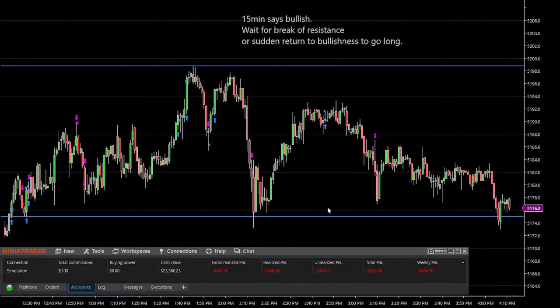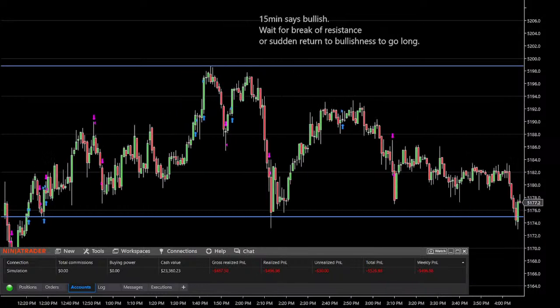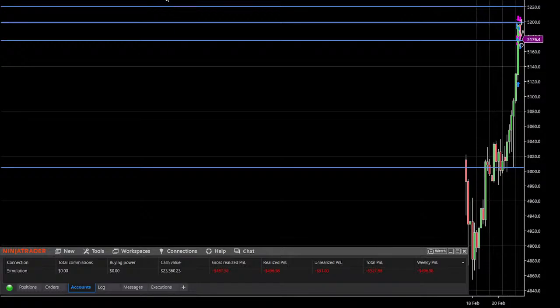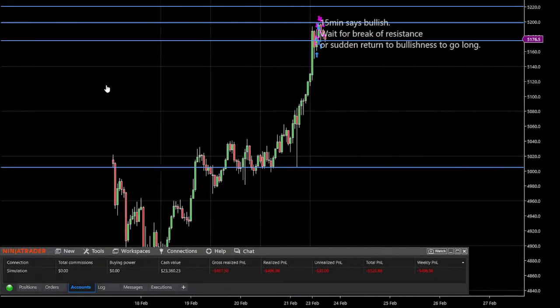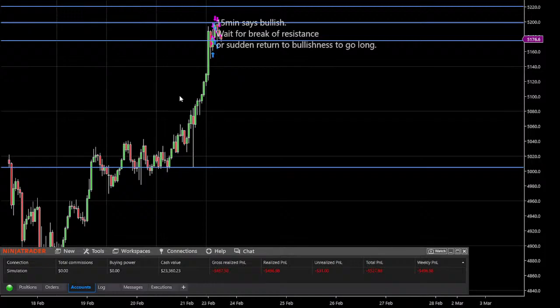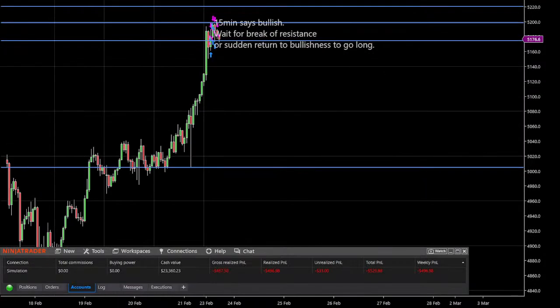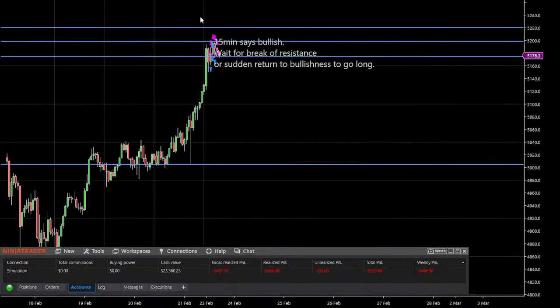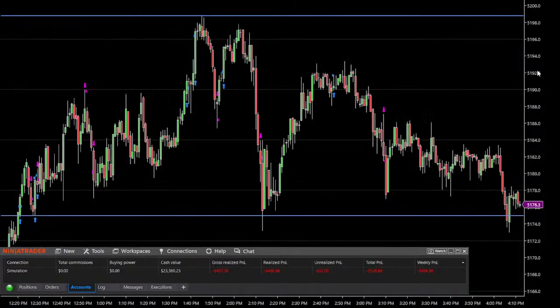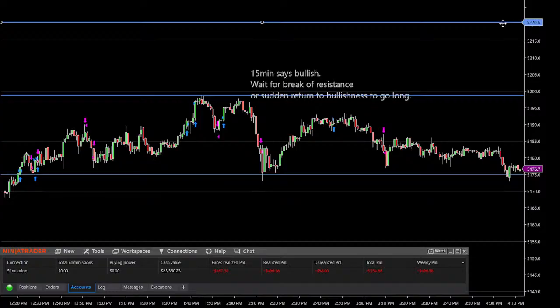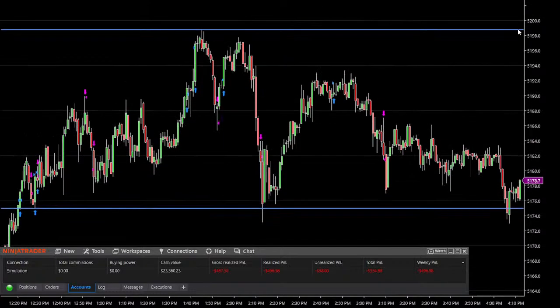Okay, that makes sense why that one's there. What about this upper one? Let's look at that again. I don't want to look at 4 hour, I want to look at 1 hour. Oh, okay, yes, it does make sense why that's there. Why is that line up there? Is that? Oh, it is. Okay, I'll delete you.